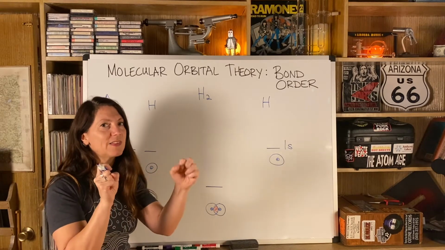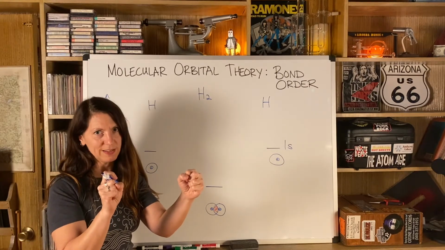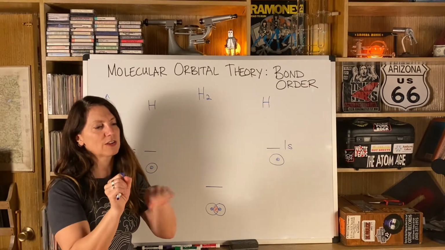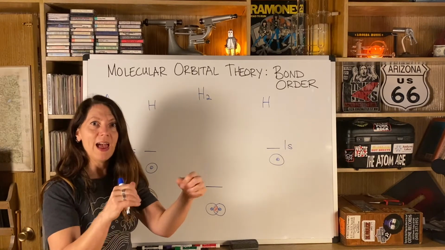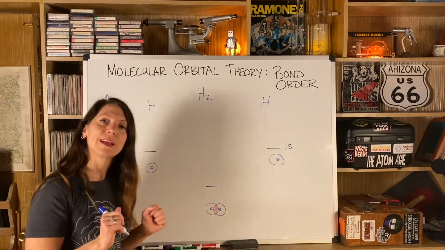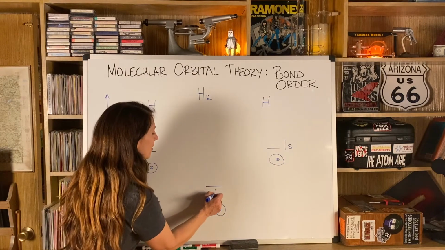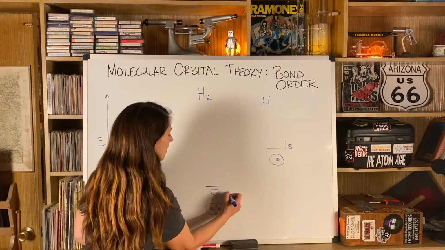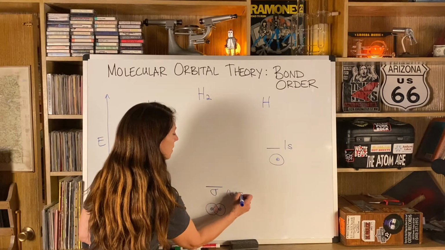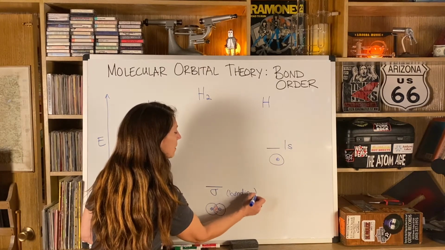Okay, that is a sigma interaction, we call it, when we've got electron density directly between the two nuclei. And that is where this molecular orbital gets its name. So this is known as a sigma molecular orbital, and it is bonding. Okay, so I'm just writing bonding here.